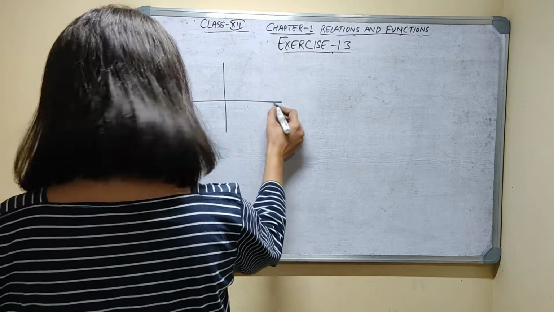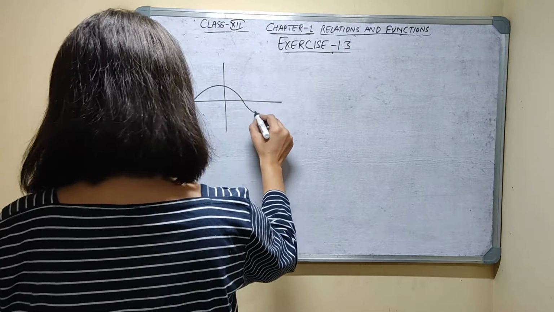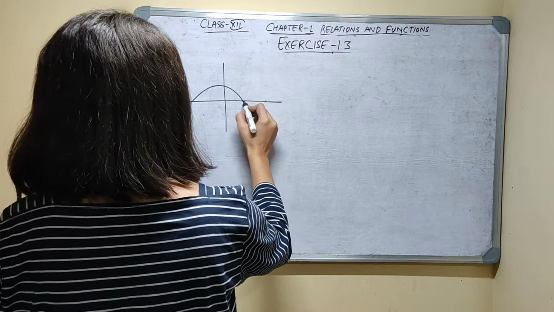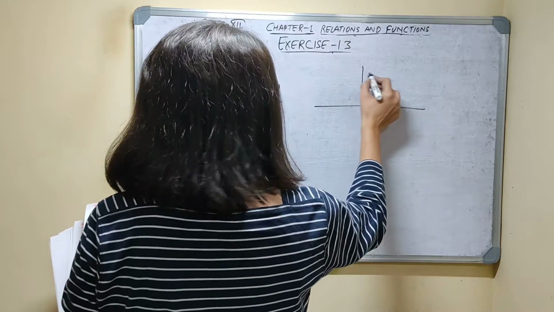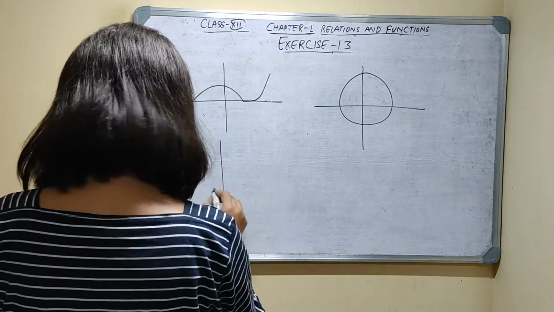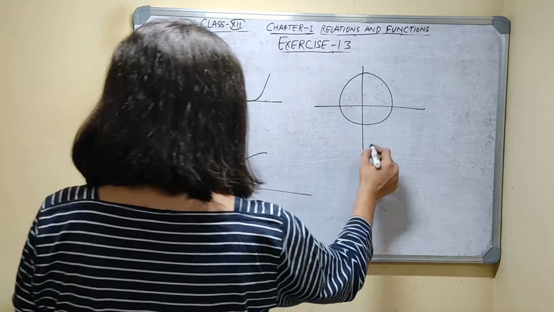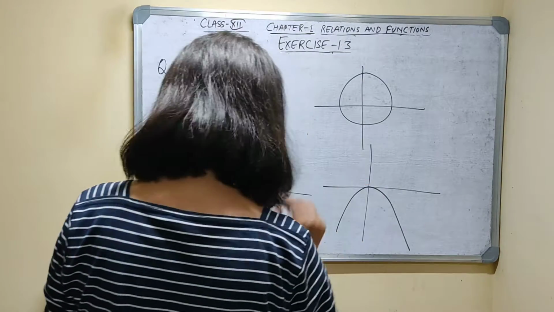This is the graph, just like this. Second graph is like this. Third graph is like this. Fourth graph is like this.